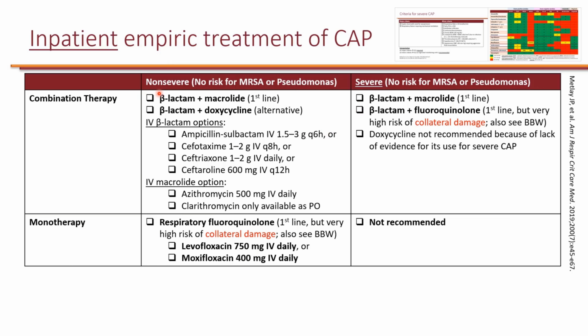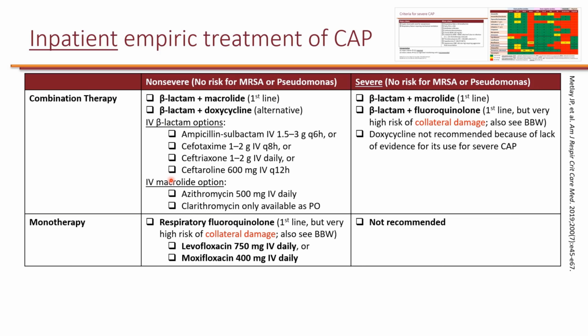Now let's take a look at non-severe patients, and we're specifically looking at patients who do not have any risk factors for either MRSA or Pseudomonas. These patients were sick enough to be admitted to the hospital, so this is inpatient management, but they are classified as non-severe. Patients who get hospitalized are often sick enough that they cannot tolerate oral.